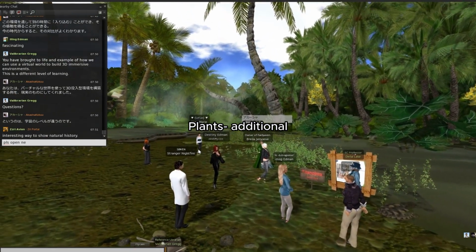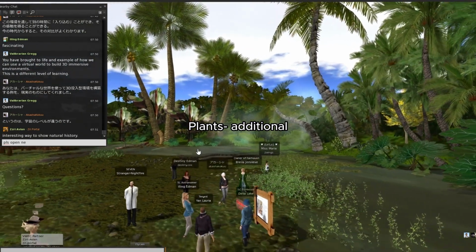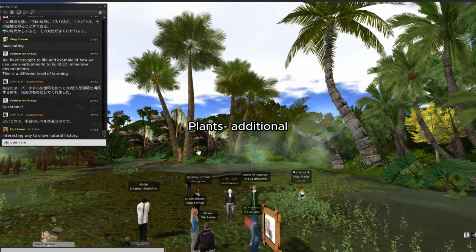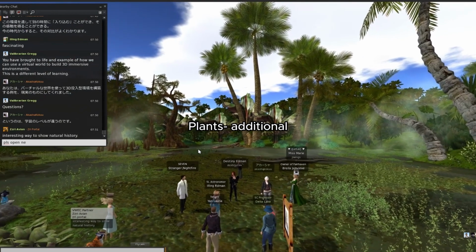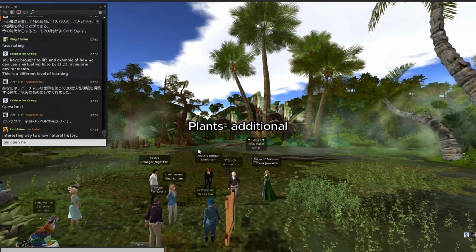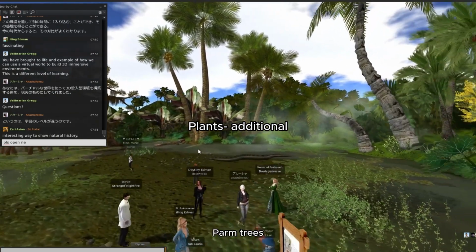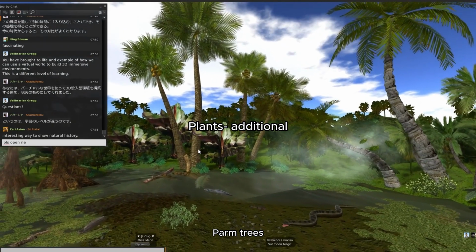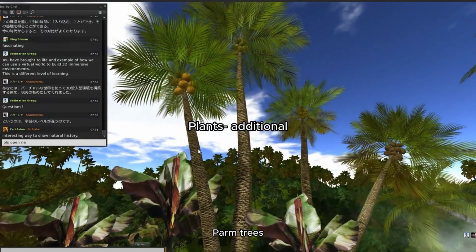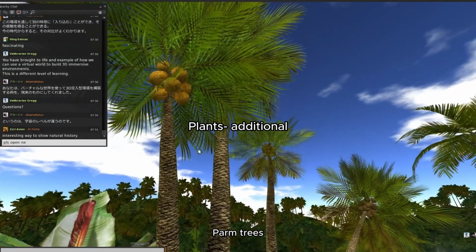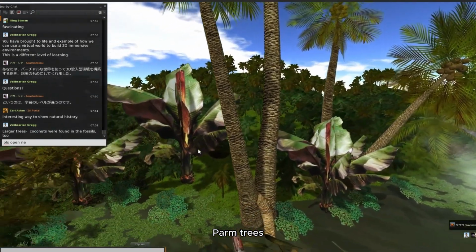Yes. The trees are large, and some of them would have been larger than they look here, but they're to scale with the Titanoboa. So we know what kinds of palm trees, for instance, were here because there are coconuts in the fossils. We also know some of the other trees, not only from the leaves, but from the pollen in the fossils.